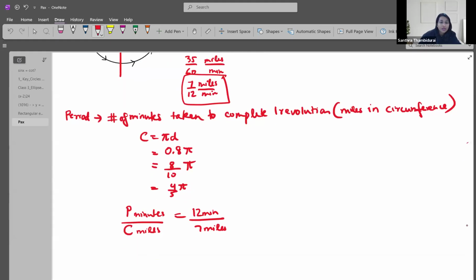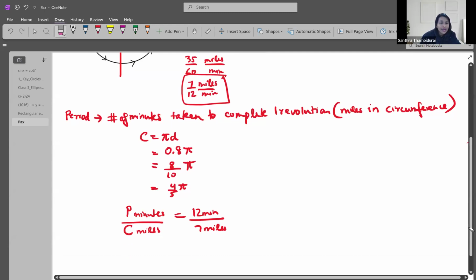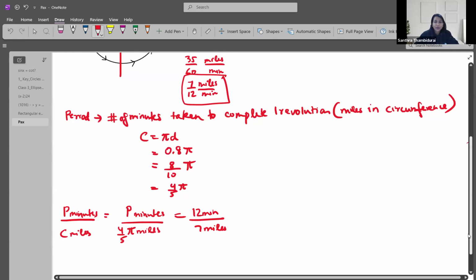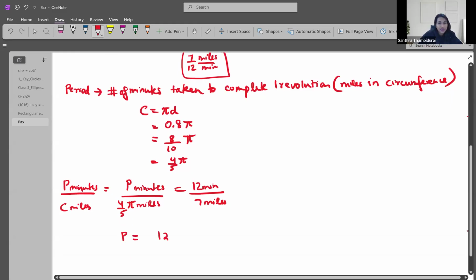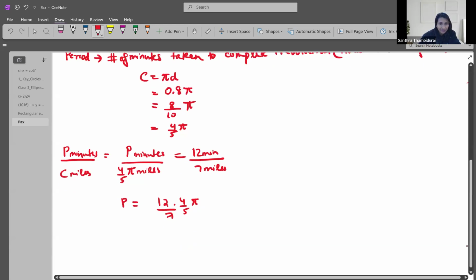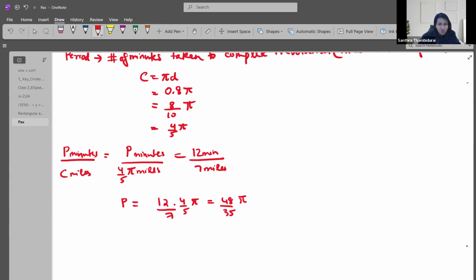Instead of the circumference, I'm going to put 4 out of 5 pi. So P minutes per circumference in miles is the same thing as this. To find your period, you do 12 times 4 over 5 pi divided by 7. Basically, I'm cross multiplying both sides by 4/5 pi. So that's going to give you 48 over 35 pi.